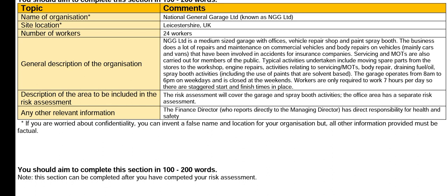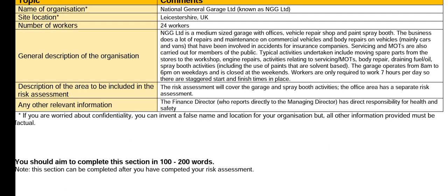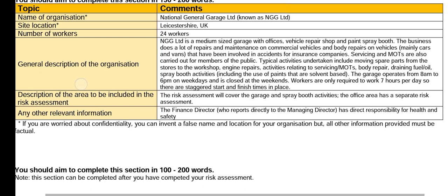Here they mention the finance director as responsible, but you can write, for example, the safety officer, safety manager, or construction manager, whoever is responsible for health and safety. Okay. So NEBOSH is checking your understanding for this report. They are checking just your understanding.